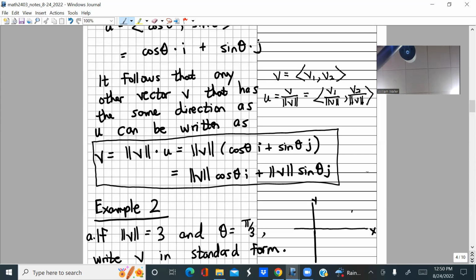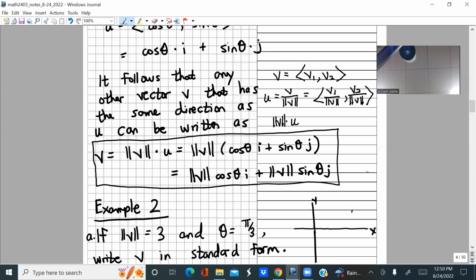But now, what happens when you take u, this new vector, and multiply it by the magnitude of v? What do you end up getting? So if you multiplied everything by the magnitude of v, what happens to these magnitudes of v here?